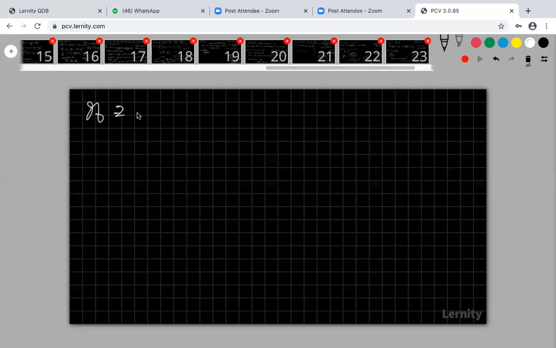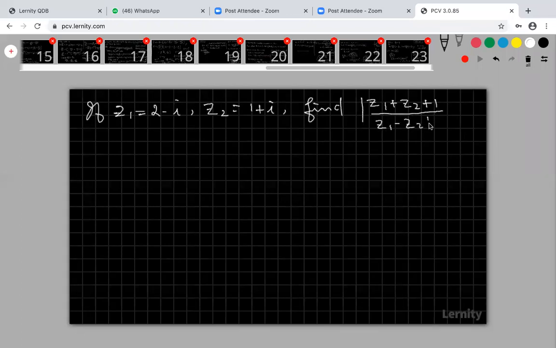So if Z1 is equal to 2 minus i and Z2 is equal to 1 plus i, then find the magnitude of Z1 plus Z2 plus 1 divided by Z1 minus Z2 plus 1. What is the question? Z1 plus Z2 plus 1 divided by Z1 minus Z2 plus 1.